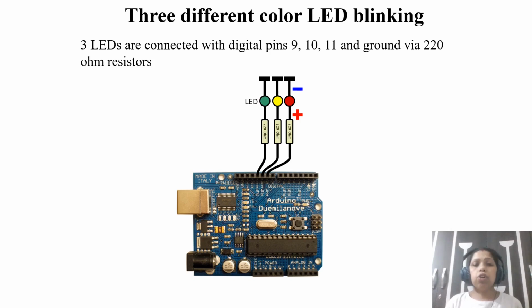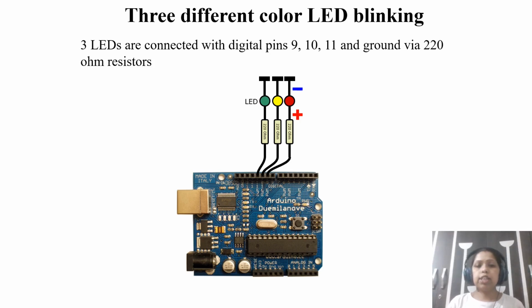Now if you want to connect multiple LEDs, you can see that on various occasions there is different lighting. Multiple colors of LEDs blink at different time intervals. This kind of logic you can also build using the Arduino.